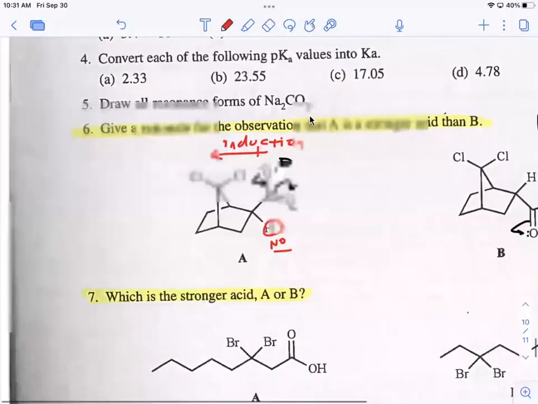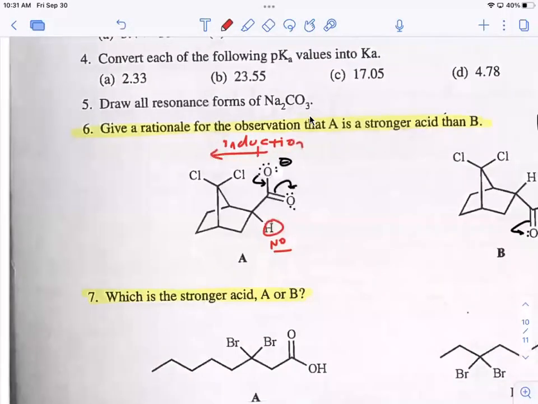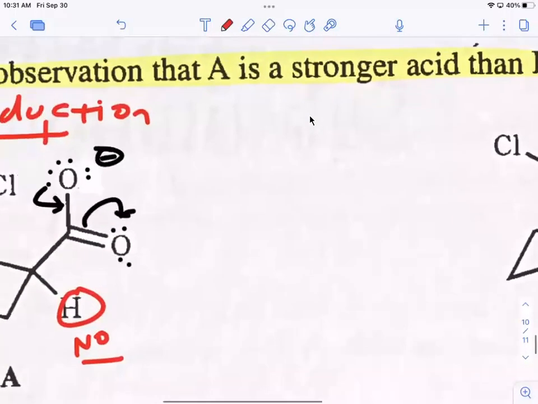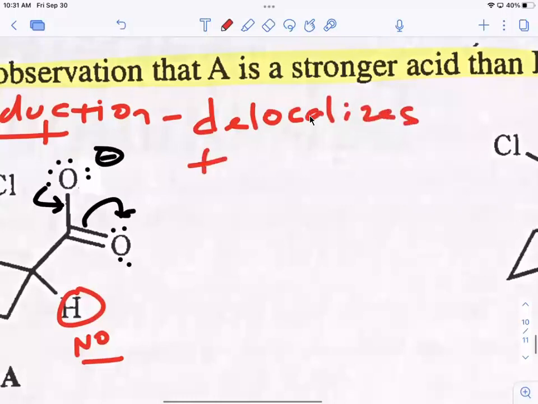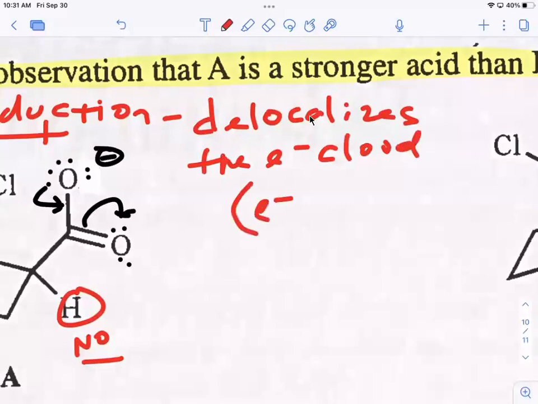Some polarization, and then that's going to cause that electron cloud to be delocalized, and that's good. Anytime you delocalize electrons, that's good. When we talk about the cloud, that's what we mean when I say electron density.